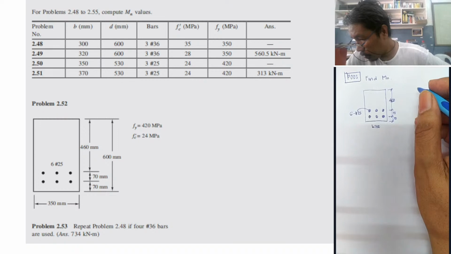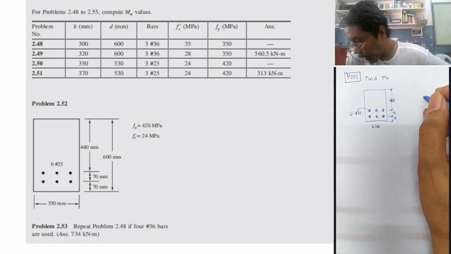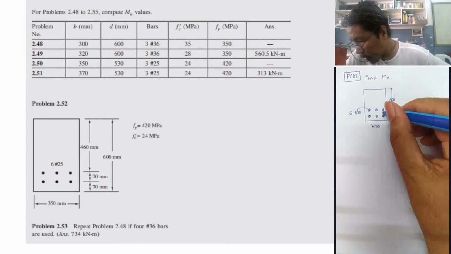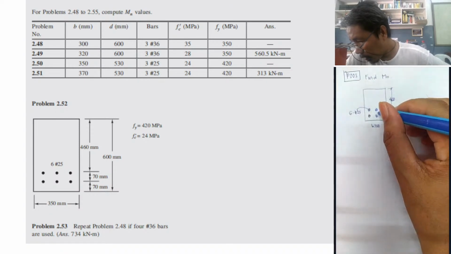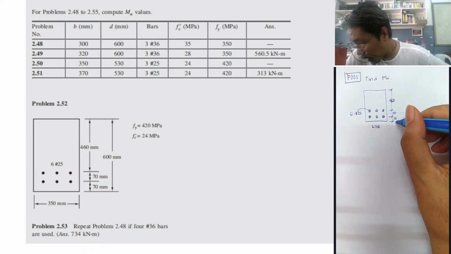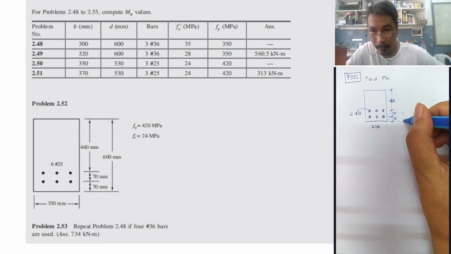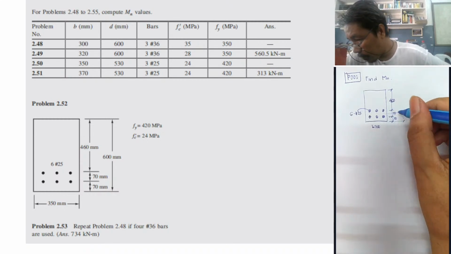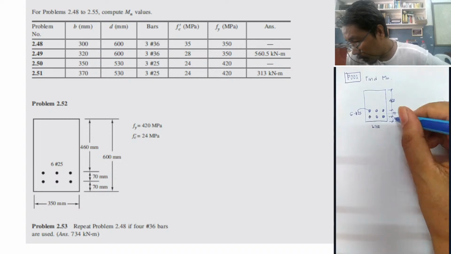But the center of this is 35, because 70 divided by 2 is 35, plus 70, that is 105. Okay, 105, and therefore the value of D is actually this one.